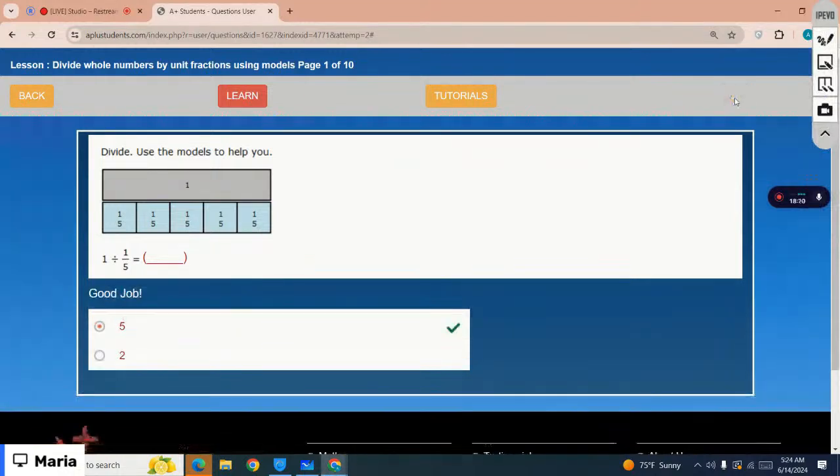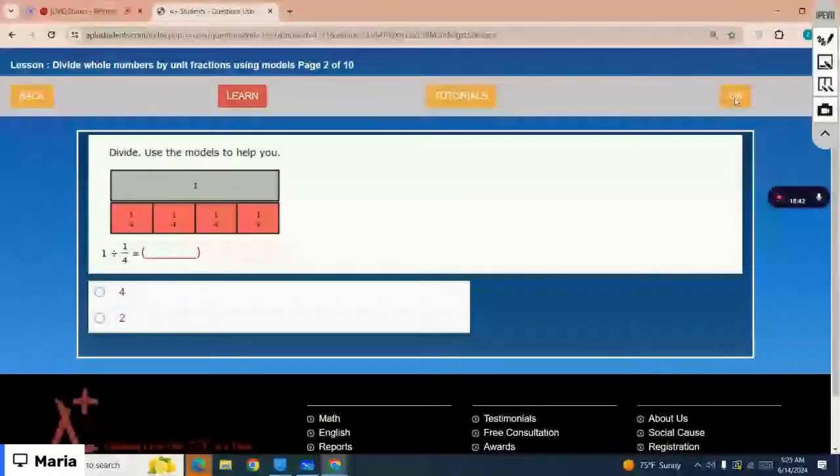Okay, the next one. Use the models to help you. 1 divided by 1 by 4 equals.